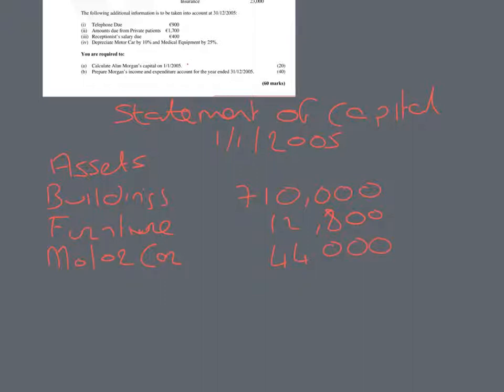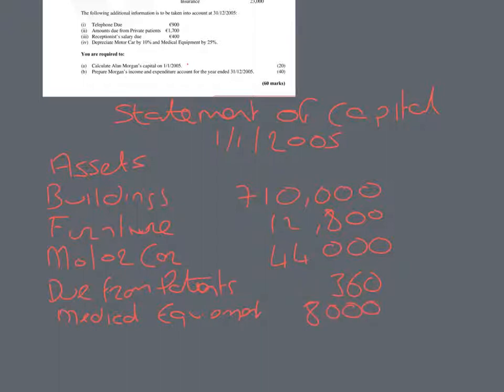Amounts due from patients. The amounts due from patients is going to be an asset, so that's money that is owed to us. And that amount due from patients is €360. Then we have medical equipment, which is 8,000.